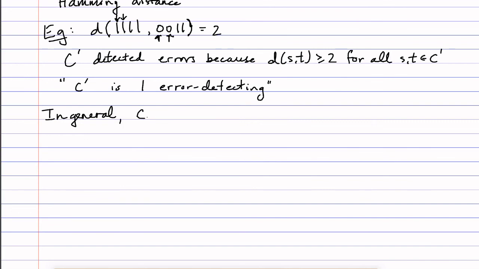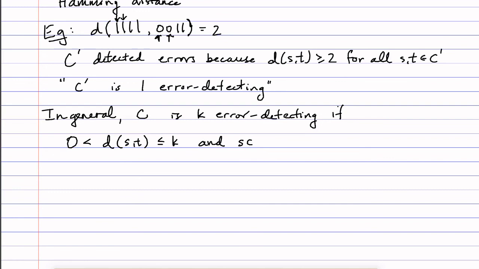In general, a code C is k error detecting, and we'll write it in terms of the Hamming distance between strings, if 0 < d(s,t) <= k, and if s is a string in your code, or code word, then the distance between s and t being less than or equal to k implies that t is not in your code.